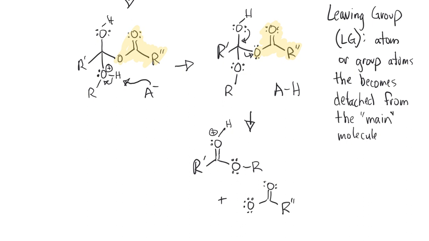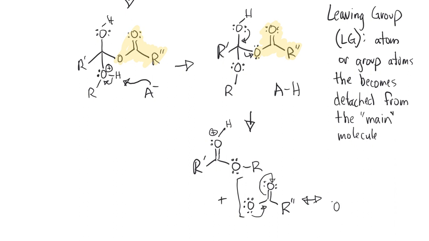R double prime. Now the reason why this makes a good leaving group is because through resonance, we can actually see these two things are resonance structures of each other. This lone pair can form a double bond, and then we can distribute the charge.